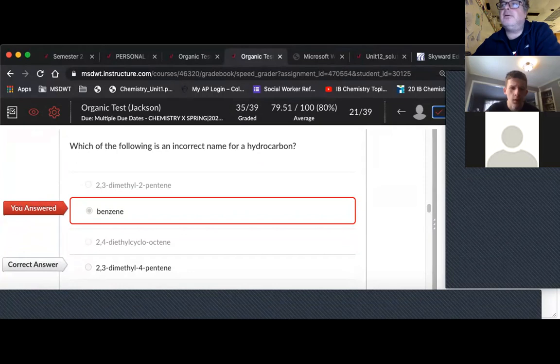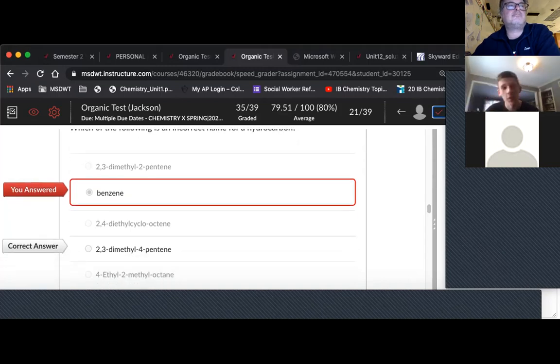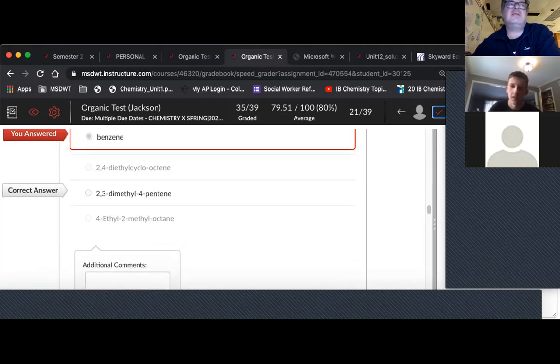So if you draw this out and name it correctly, it should have a 2 in front of the pentene. I chose benzene. Actually, I think it would be 1-pentene. I guess I really wasn't thinking about it enough, but I chose benzene because there wasn't a number before it. It didn't say where it was, but I guess it could have been like, all benzene is that cyclohexane, yeah, with the double bonds.